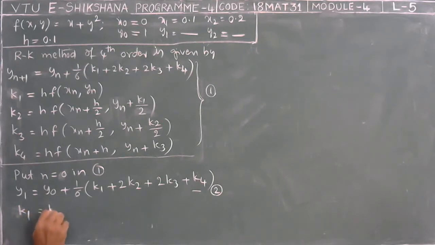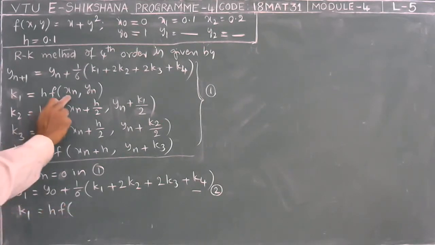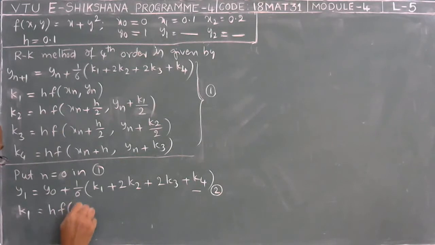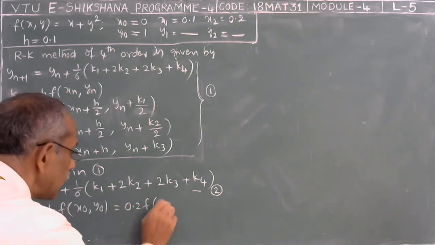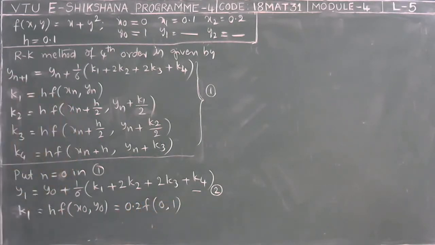k1 is h into f of x0 comma y0. What is x0? x0 is 0, y0 is 1. So this is 0.2 into f of 0 comma 1.